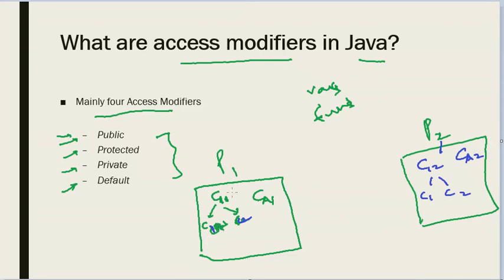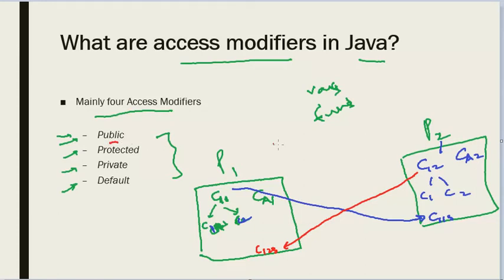And let's say this C11 also has a child in this package, which is called C113. And this C12 class also has a child here, which is called C123. C113 is the child of C11, and C123 is the child of C12.